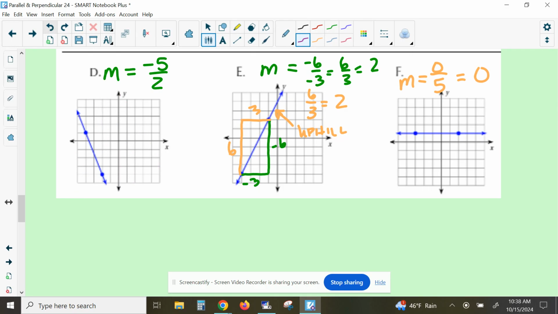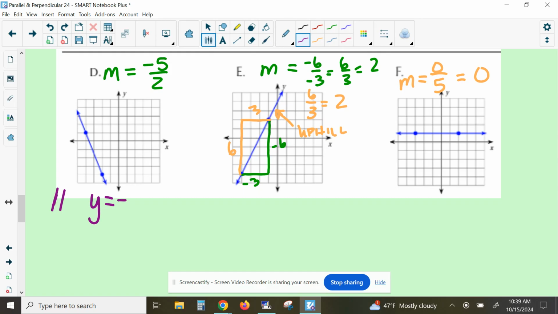So all I need to do is write an equation of a line. So let's put a little symbol for, let's do parallel first. So all I have to do is make up an equation that has the same slope. So I could just make one up. Y equals, what does m have to be?